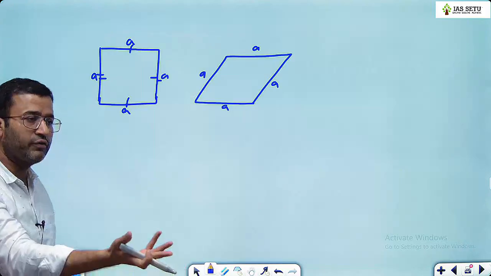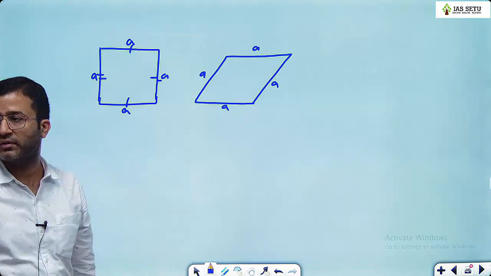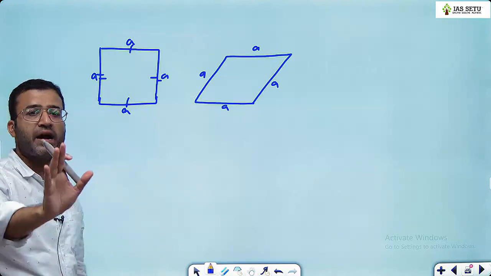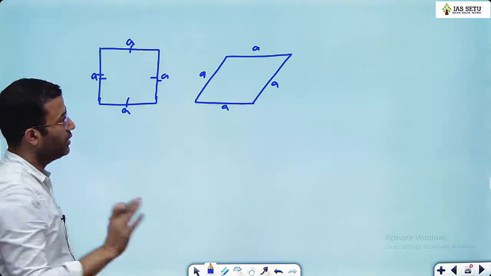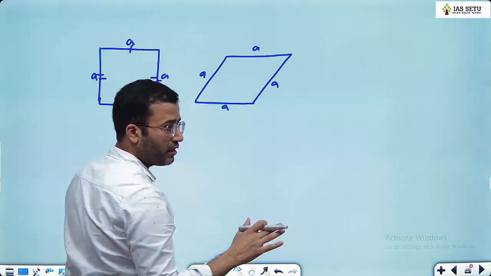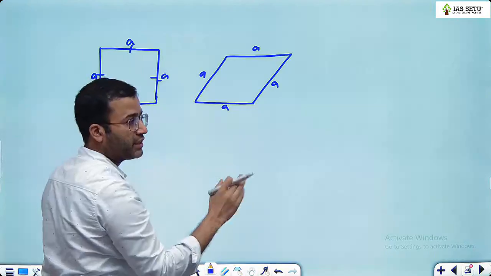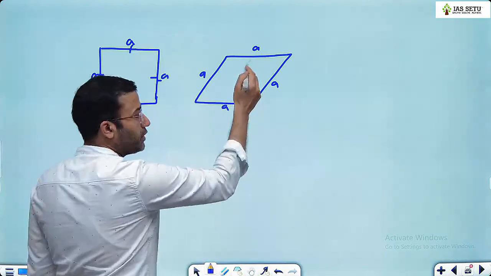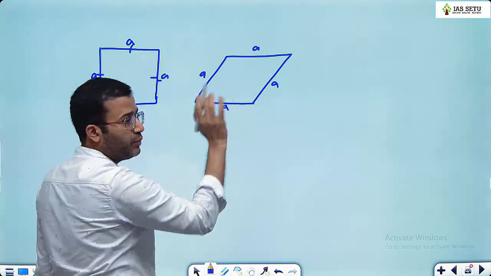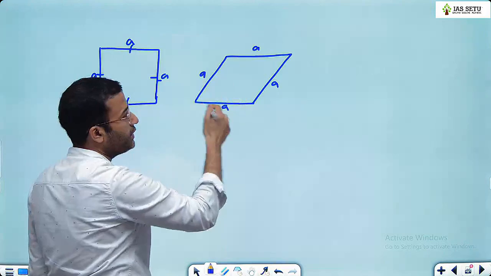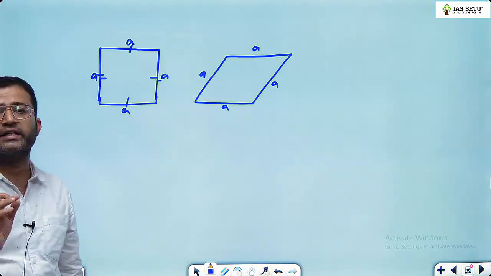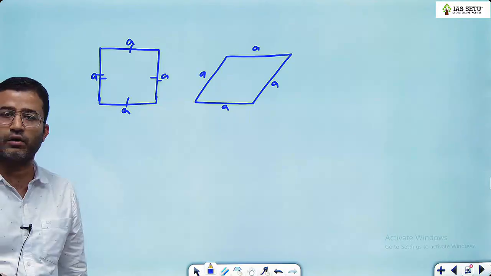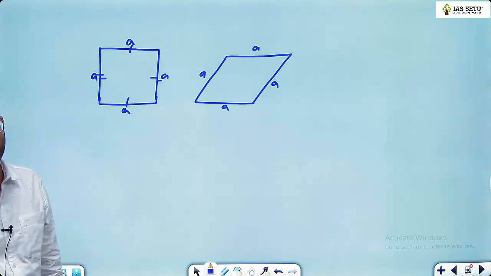Yes, a parallelogram with all sides equal is a rhombus. Here opposite sides are parallel and equal, and all sides are equal. So you can easily understand a rhombus is like a parallelogram where all sides are equal.